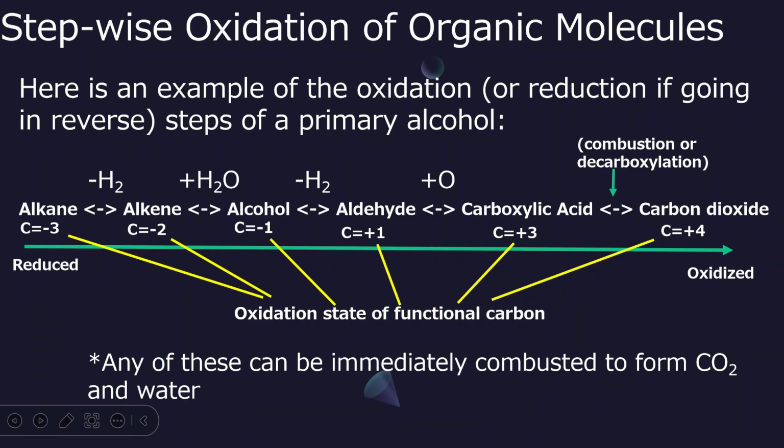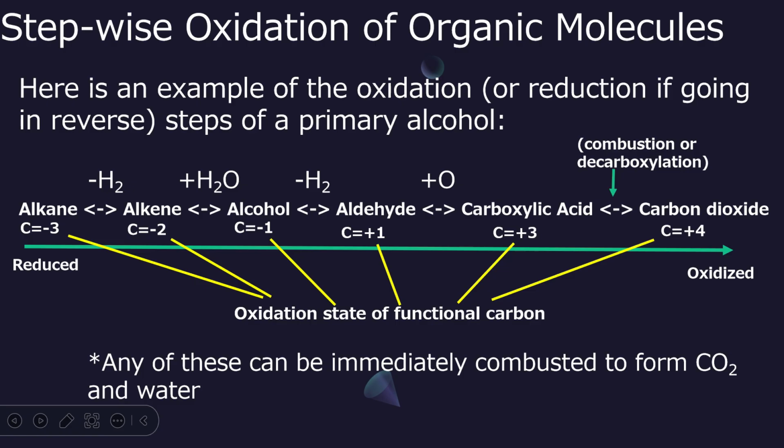In that case, our carbon is +3 oxidation state. And then it kind of seems like it's at the end, but you can always go the final step, which is to combust it. Combusting it to CO2 will create the absolute most oxidized version of carbon, +4, where all of its valence electrons are essentially given to oxygen.